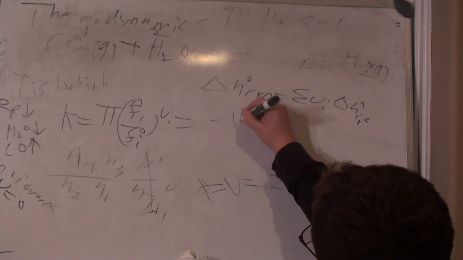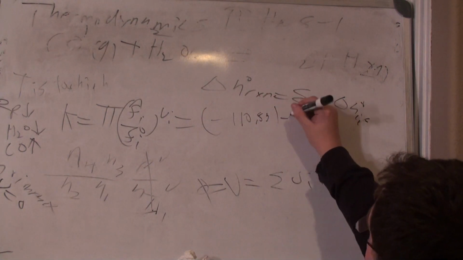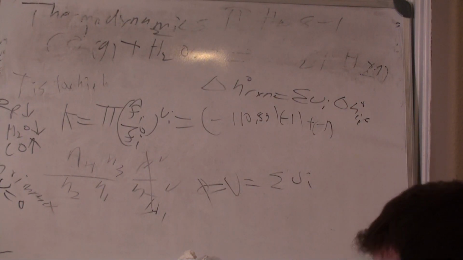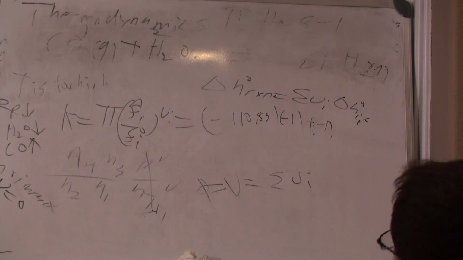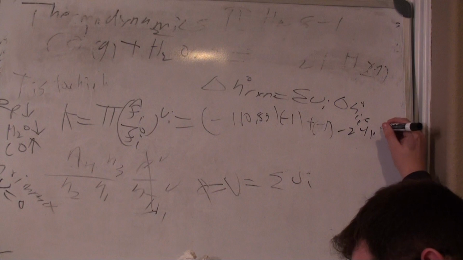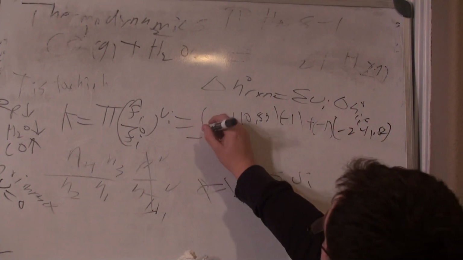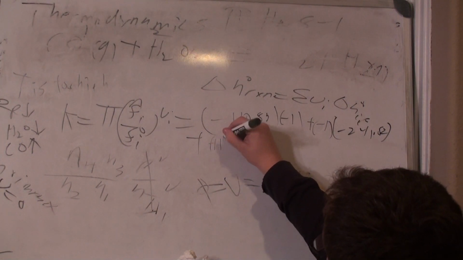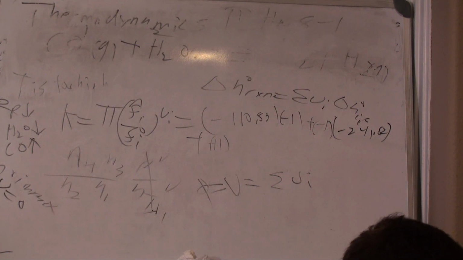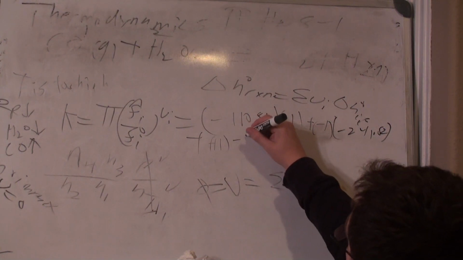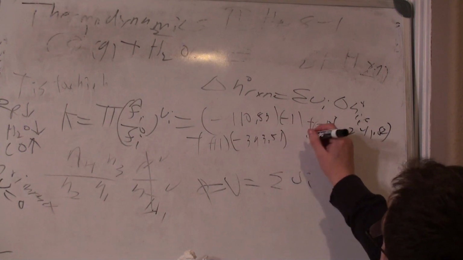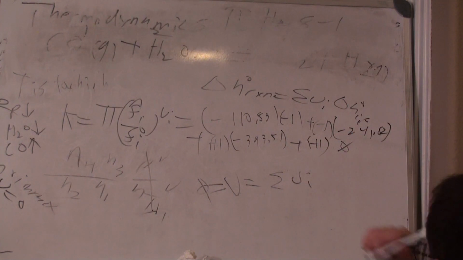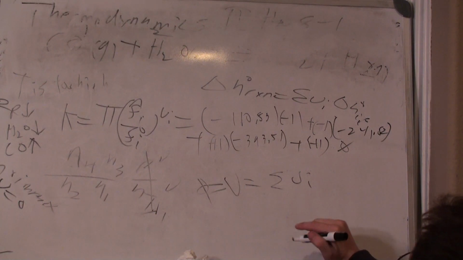So that is minus 110.53 times minus 1, plus minus 1 times whatever it is for water as a vapor, which is minus 241.82, plus, that was CO2, plus 1 times negative 393.51, plus 1 times hydrogen, which is just 0. And so really I have all these and I just need to add them up.